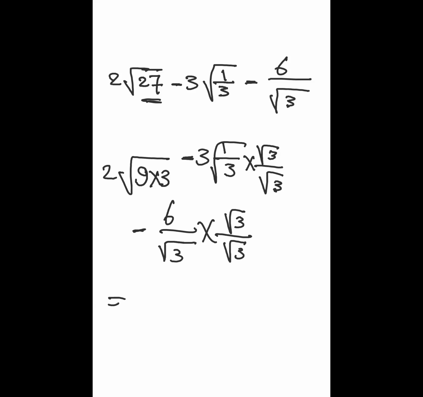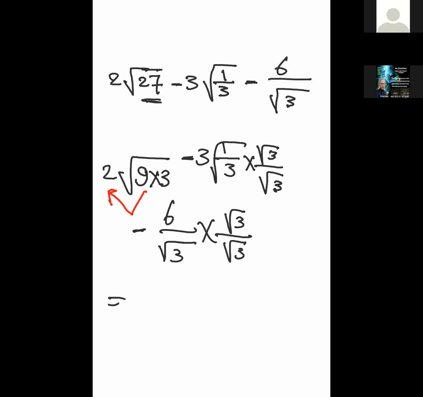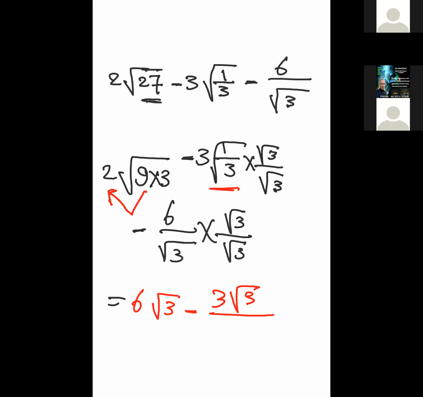So here there is 9, so the square root of 9 will equal 3. 3 times 2 means 6 square root of 3, minus square root of 1 times the square root of 3 over 3, means square root of 3 over 3, so 3 square root of 3 over 3, minus 6 square root of 3 over 3.